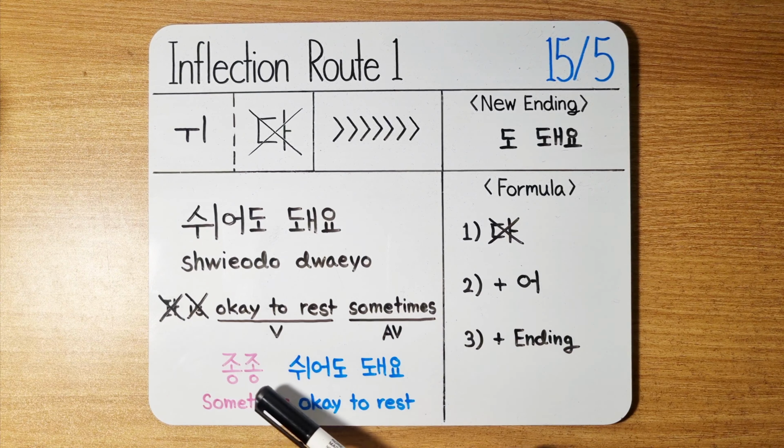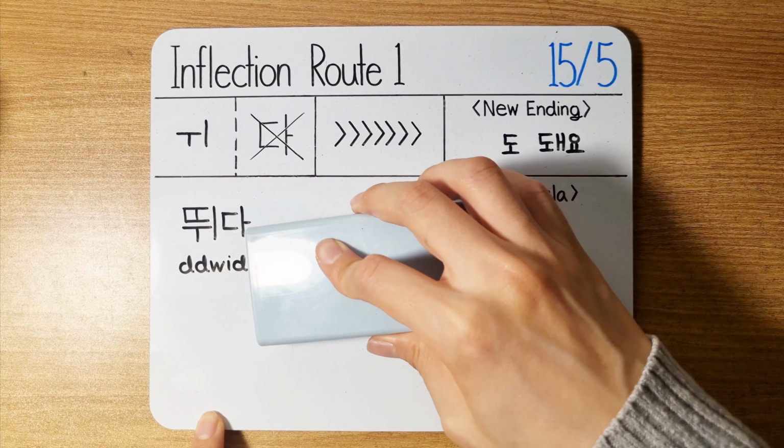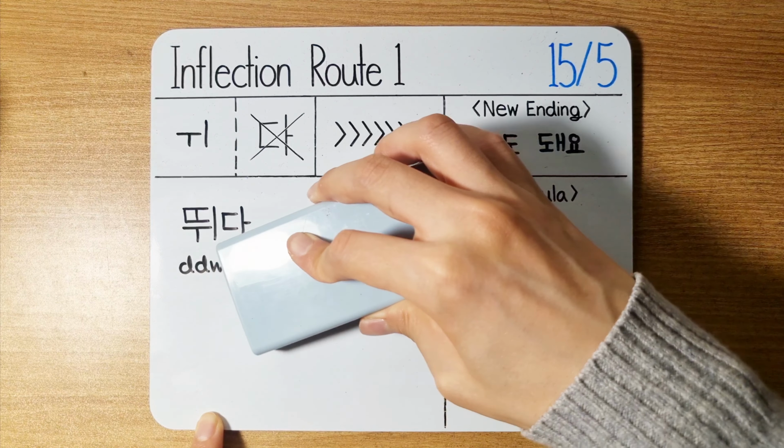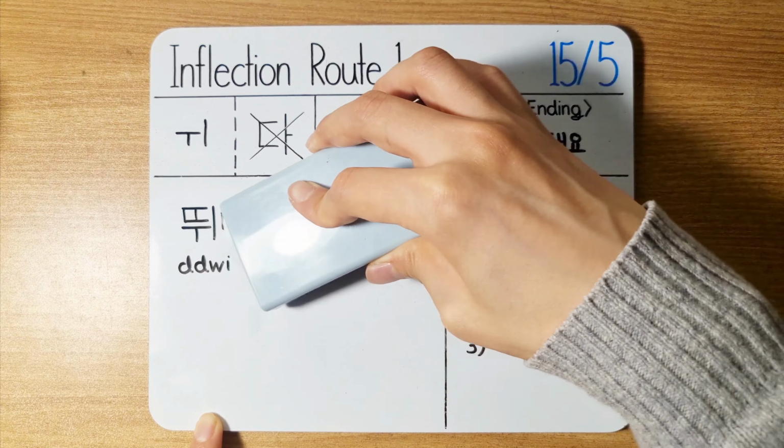For another example, 뛰다 is the display form of the verb run. So as you can see, also in this case, the display form ends with the ㅟ vowel once 다 is erased. So it is a perfect example.